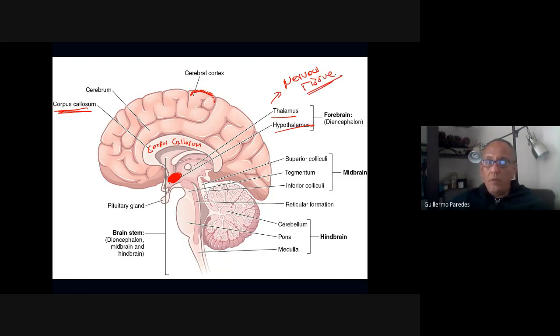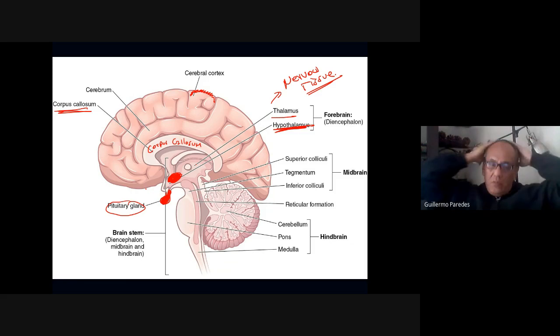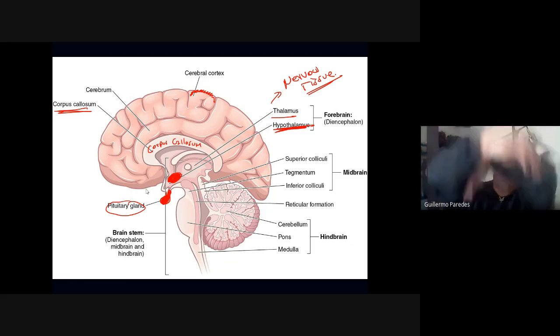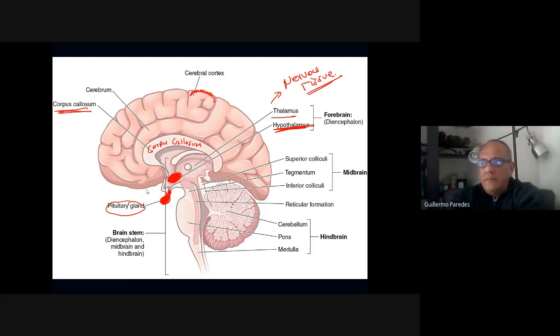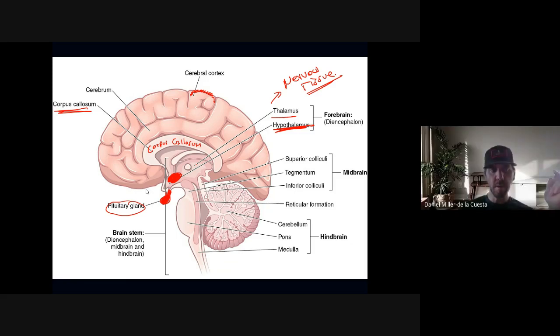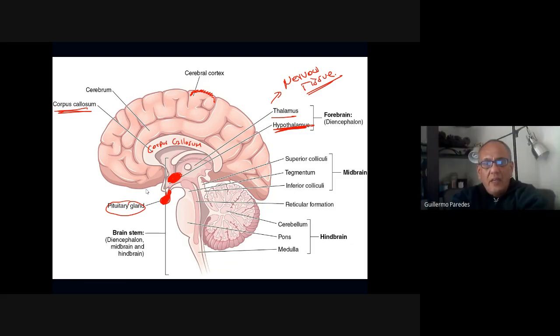It looks obvious, but many people make mistakes here. So the hypothalamus is going to be connected, very intimately, with the pituitary gland. Tell me, the pituitary gland is nervous system, yes or no? No, endocrine system, correct? Exactly. So please read carefully what you said.